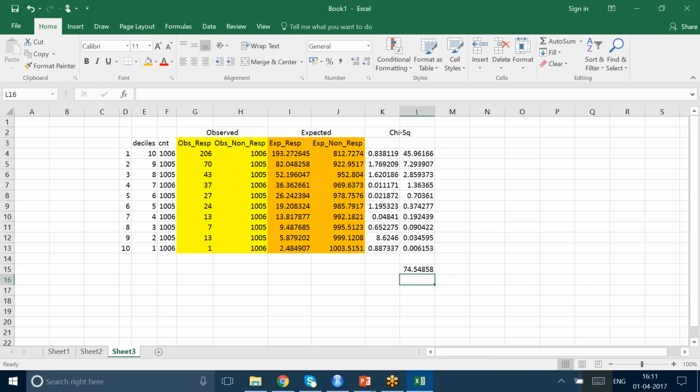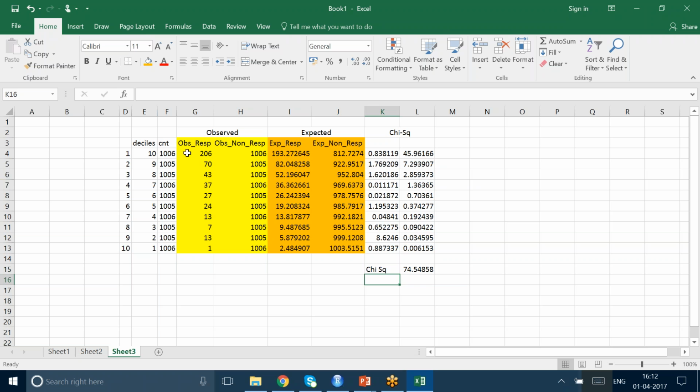Then I have to compute degrees of freedom. In chi-square, the degree of freedom is computed as (m minus 1) multiplied by (n minus 1), where m is the number of rows and n is the number of columns.